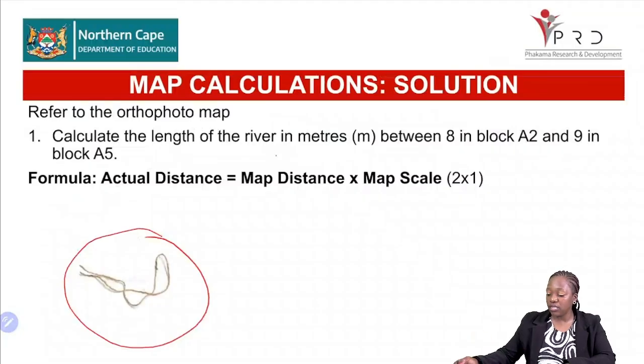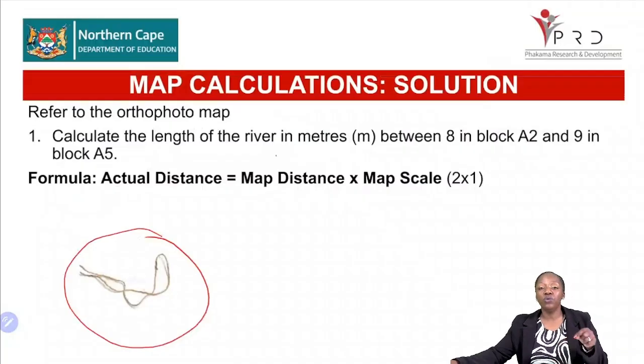As you can see there, from block 8 the river crosses B2 up until your C1, your C2, then it moves from C3 up until your C4, your C5, up until it reaches block A5.